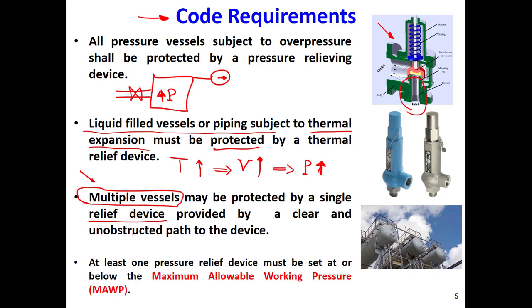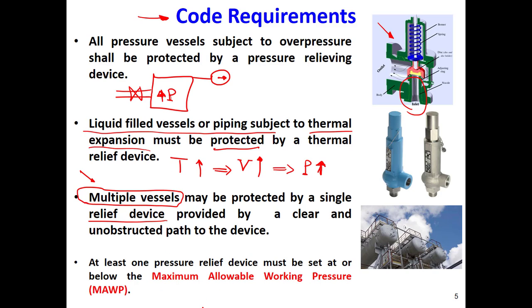We don't need to use several, as long as we are sure there is no obstacle or issue in the network of these vessels, that they are all connected properly, and that if there is an increase in pressure in one vessel, it can be detected in the other vessels.